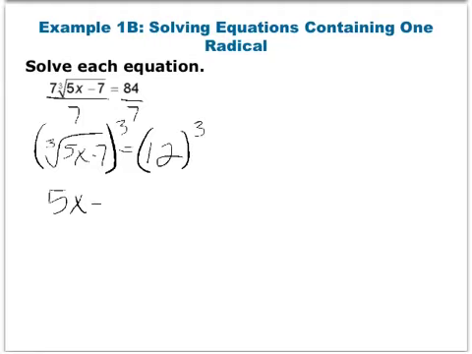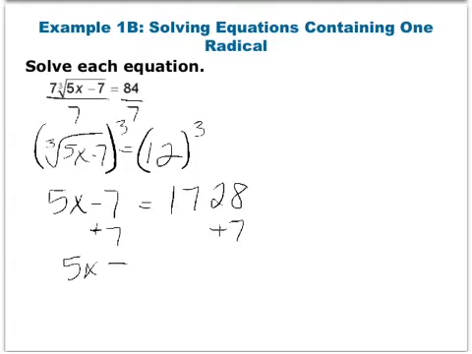I get 5x minus 7 equals 12 to the third power, 1,728. Add 7. And divide by 5.